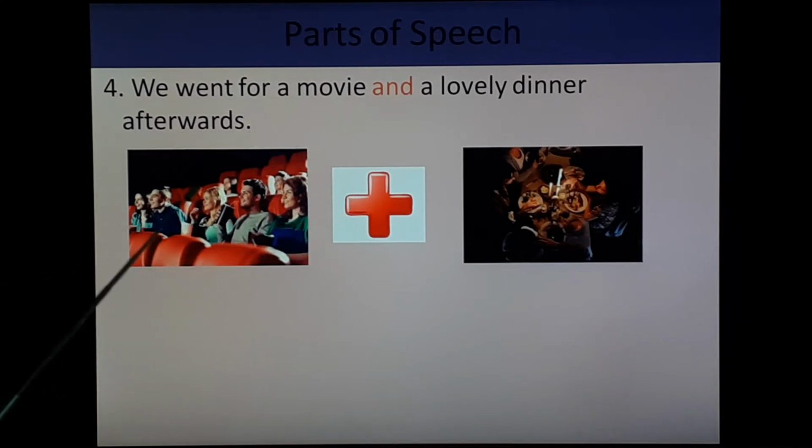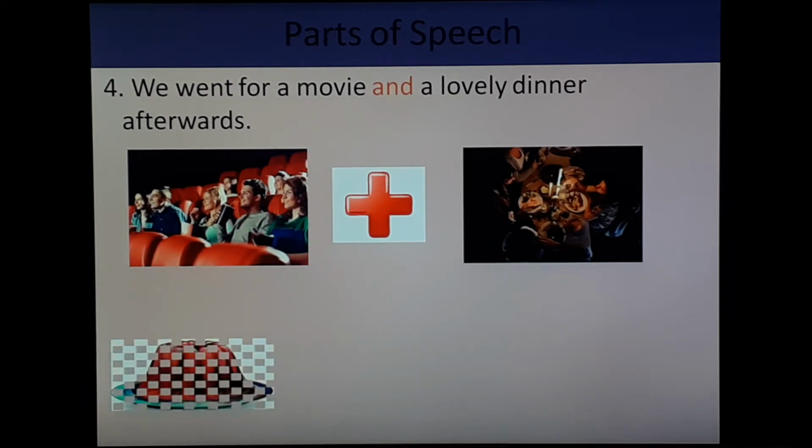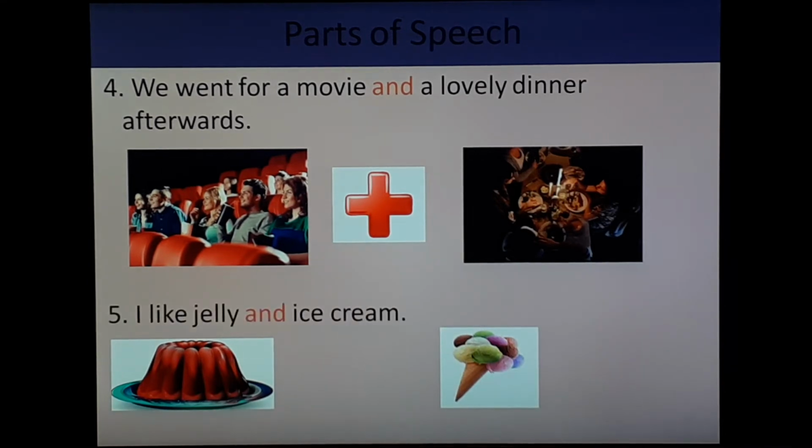Both are joined. Next, I like jelly and ice cream. So, jelly, ice cream, two different words are connected or joined with the help of and. That is a coordinating conjunction.